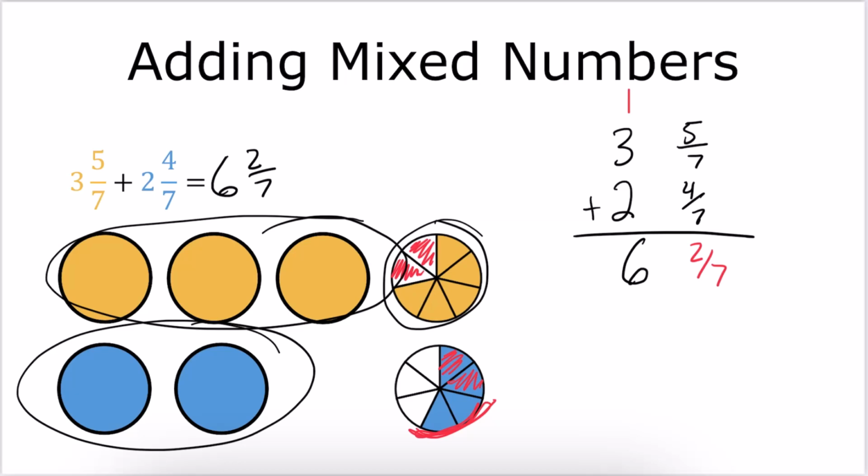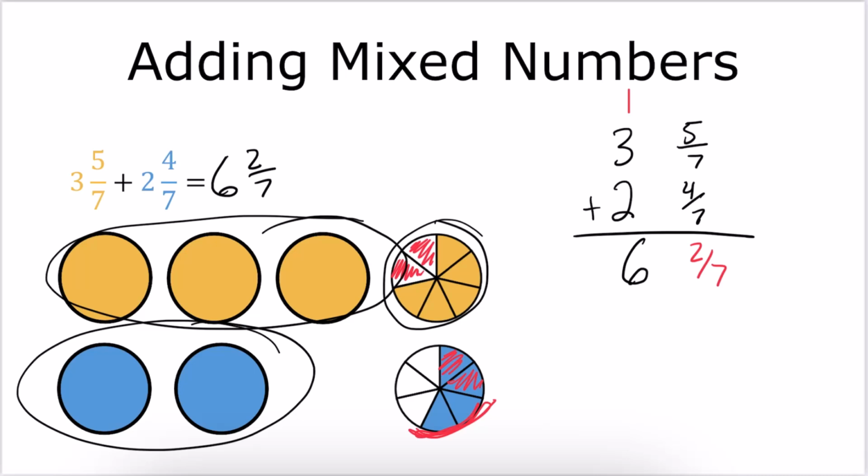And notice that this is very similar to the idea of carrying or regrouping when you're adding whole numbers together. Because if you were to add your ones column, and let's say you had like 9 plus 8, when you add 9 ones plus 8 ones, you get 17 ones, but you only write a 7 in the ones column, and you carry the 10 to the tens column, and you put a 1 in the tens column.